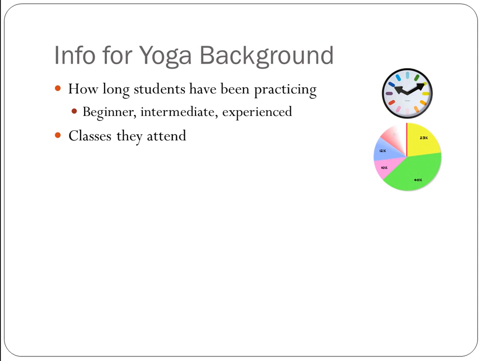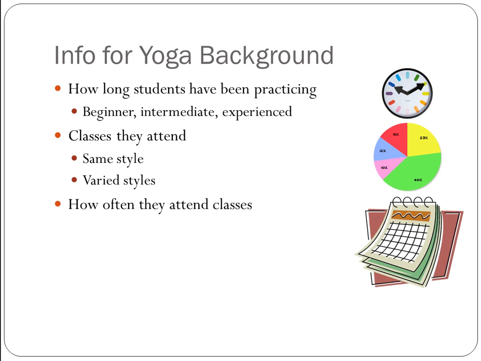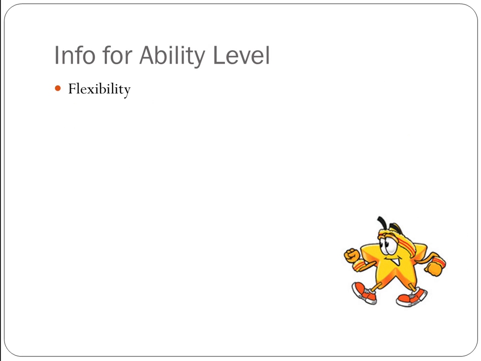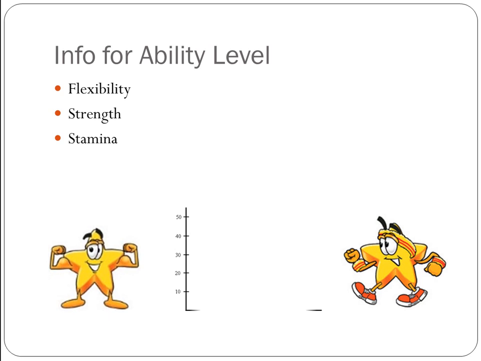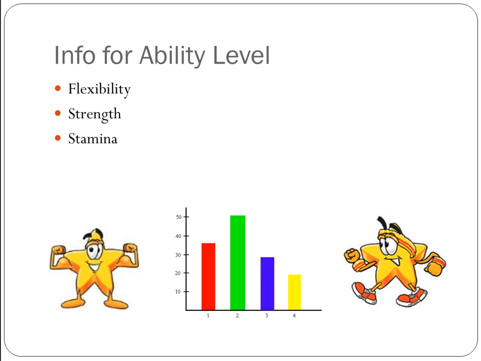What classes do the students attend? Do they mainly take a certain type of class, or do they take a variety of classes? Lastly, how often do they attend class? Is it once a week, twice a week, or more? For ability level, we want to know their flexibility, strength, and stamina as it relates to yoga poses.